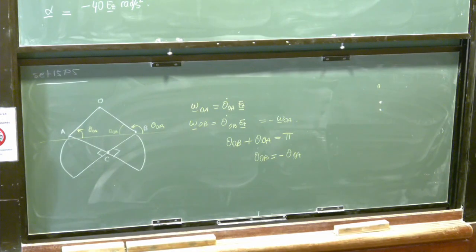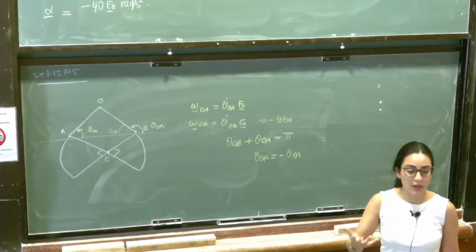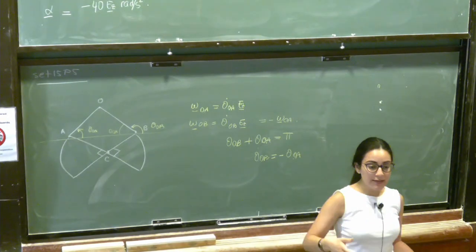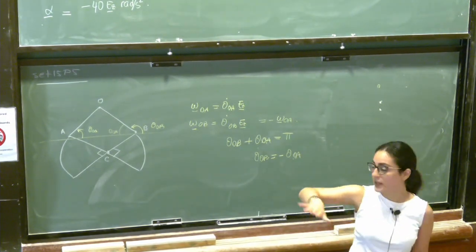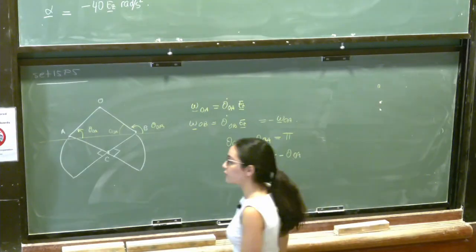Yes. So in this class, we're only considering planar motion, planar rotation. So we're always going to take our axis of rotation to be along EZ. So here, rotation is happening in this plane, and EZ is going to be outside the page.